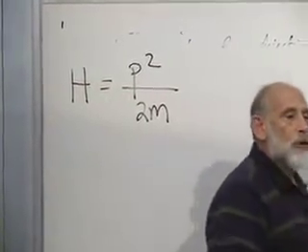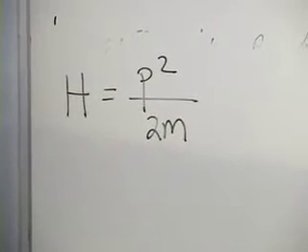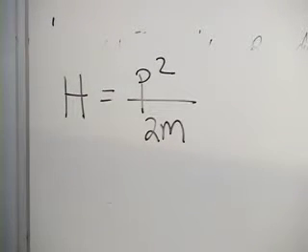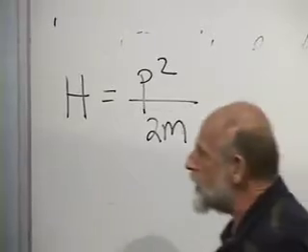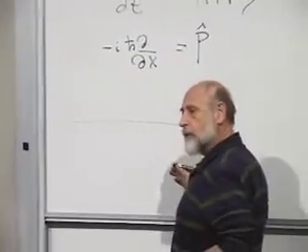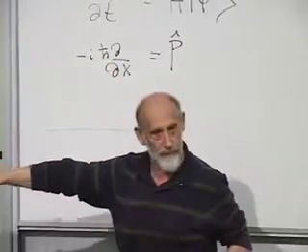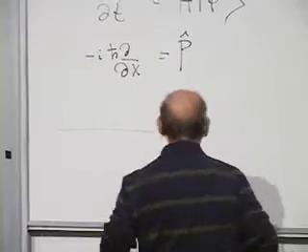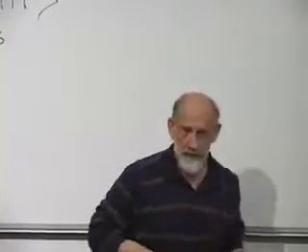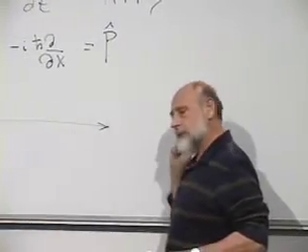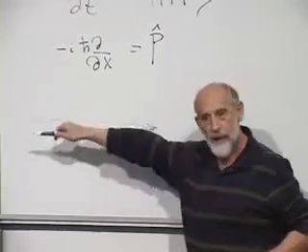The fact that it's proportional to p squared and not p, let's start with that. P is a vector, which for a particle moving along a line means that it has either a forward sense or a backward sense. Momentum can go this way or it can go this way. We wouldn't want the energy to depend on whether the momentum is in that direction or in that direction.